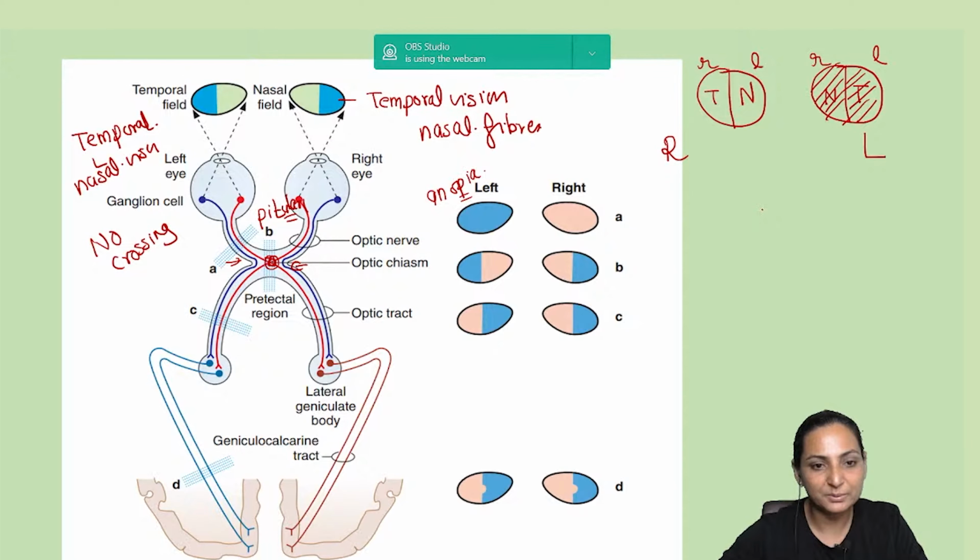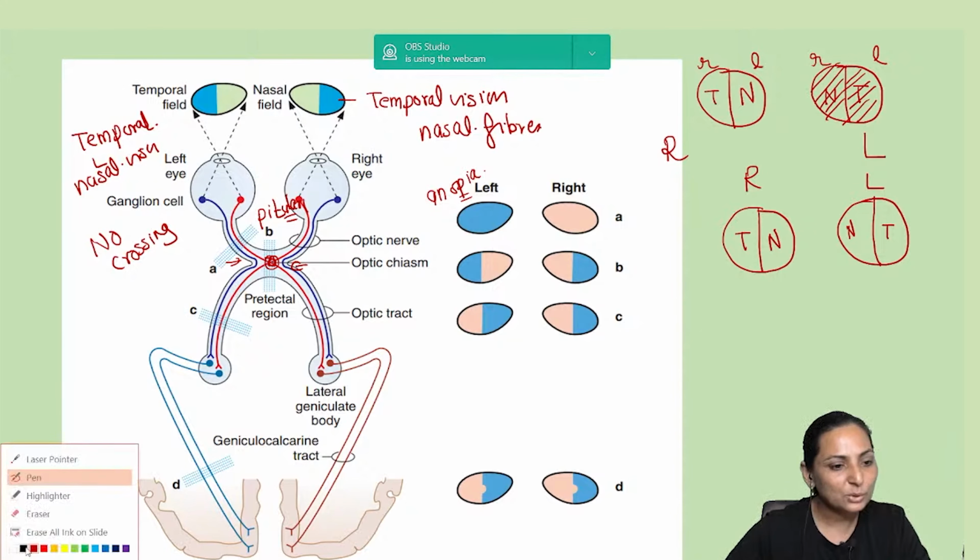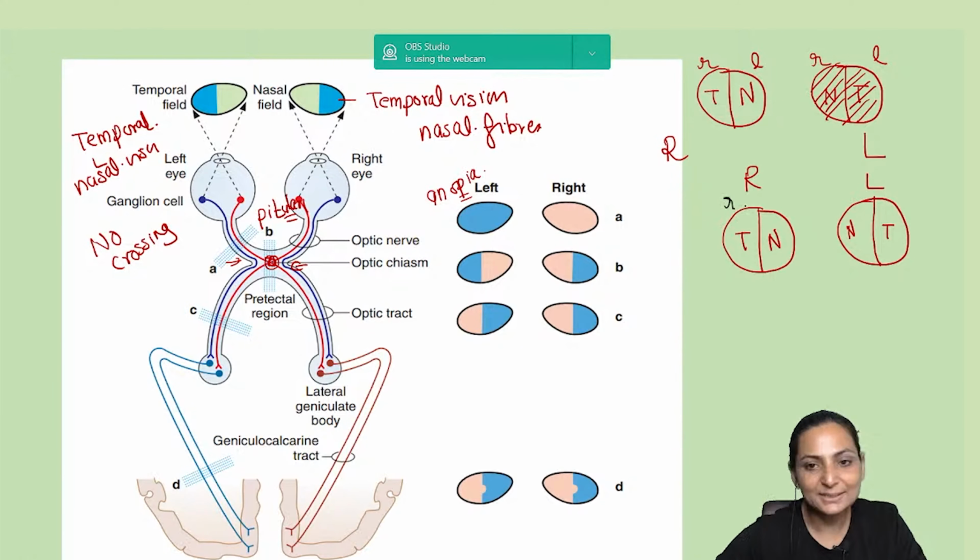So suppose this is the right eye, this is the left eye, and the nasal vision and the temporal vision. For our better understanding, we'll write right, left, right, left.